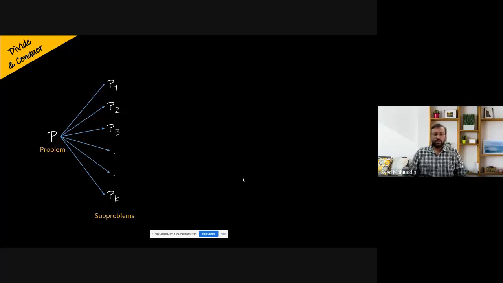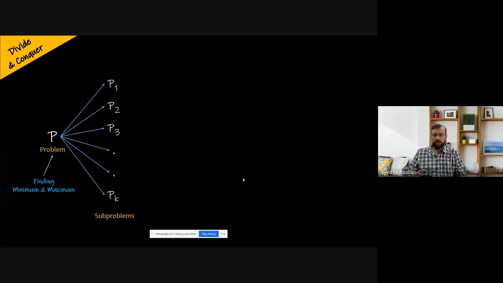Now remember that when we say that it is divided into sub-problems, the sub-problems also should be of the same nature or same type. For example, if we have a large problem of finding, from a collection of elements, which one is minimum and which one is maximum, then the problem P is divided into P1, P2, P3, and these problems should be of the same type.